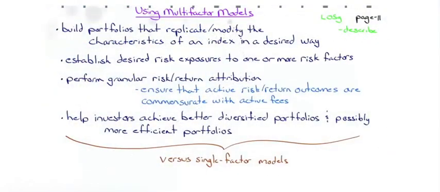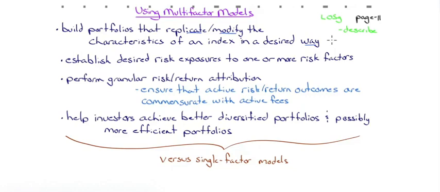All right, LOS: describe the potential benefits for investors in considering multiple risk dimensions when modeling asset returns. And there's no section really in this reading that talks about it. It's sort of just points that we collect throughout the reading. So these should be very familiar to you. We can build portfolios that replicate or modify the characteristics of an index in a desired way.